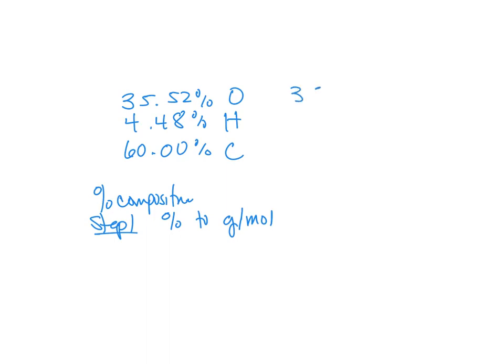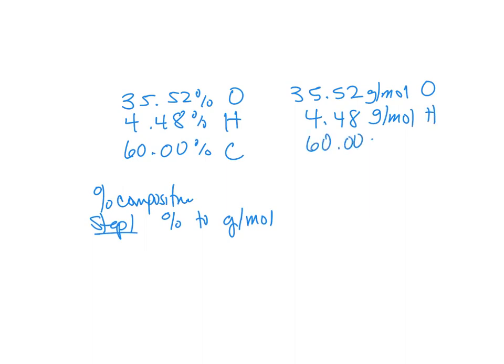So let's just do that, 35.52 gram per mole of oxygen, 4.48 gram per mole of hydrogen, 60.00 gram per mole of carbon. And then step two, you have to do dimensional analysis and convert grams to moles, from moles to mole of element.